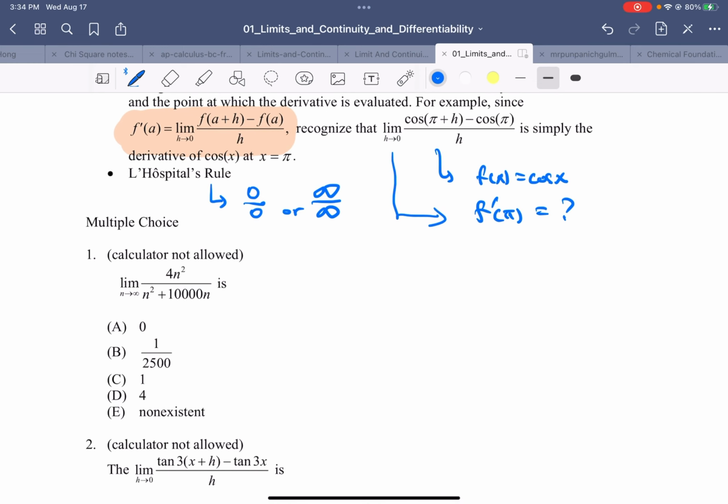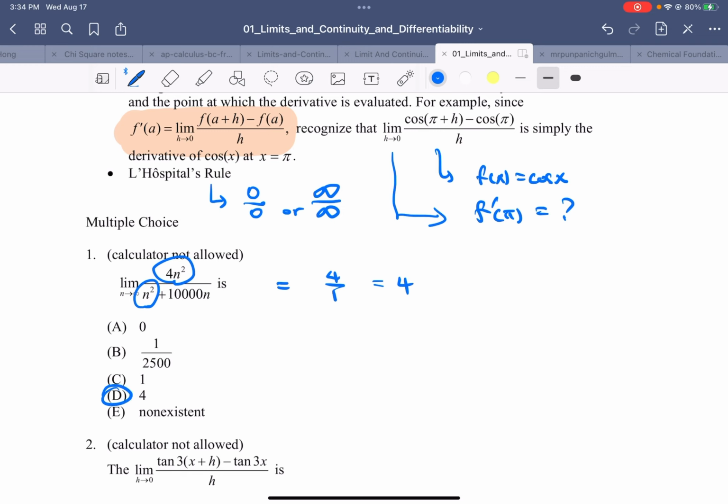Number one, limit as n goes to infinity of 4n squared all over n squared plus 10,000n. If you remember horizontal asymptote, you only take care of the highest power term on the numerator and denominator. So the answer is 4 over 1, which is 4, so you can answer right away.